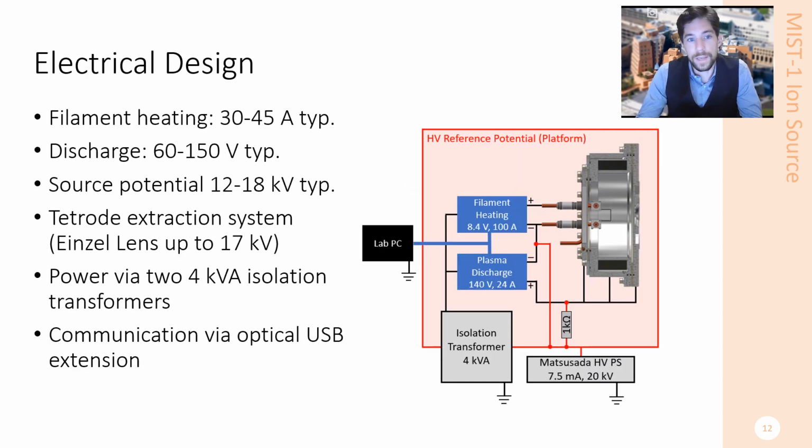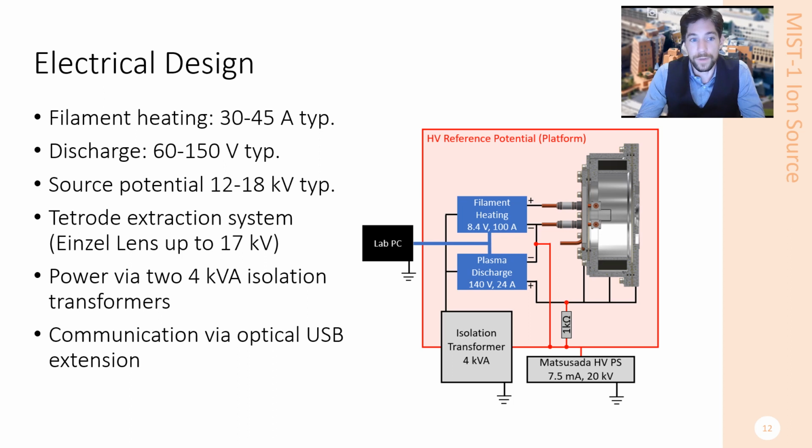The electrical design is fairly simple. We are driving the filament through a filament heating power supply that is capable of delivering up to 100 amperes. Our filament typically runs between 30 and 45 amps. The discharge power supply is able to sustain a discharge at 150 volts maximum. We run it between 60 and 150. And the discharge current is typically between 5 and 15 amps.